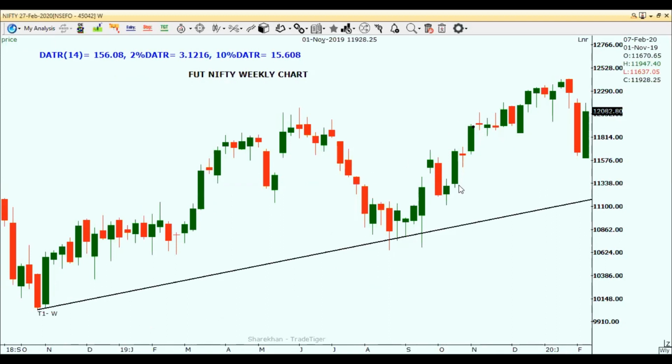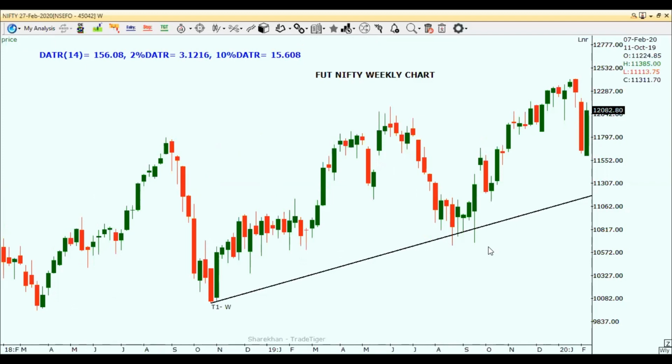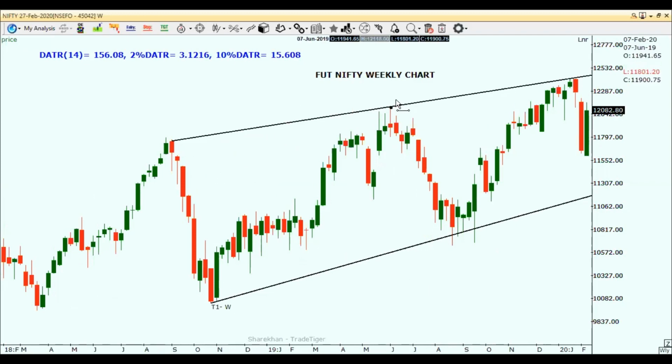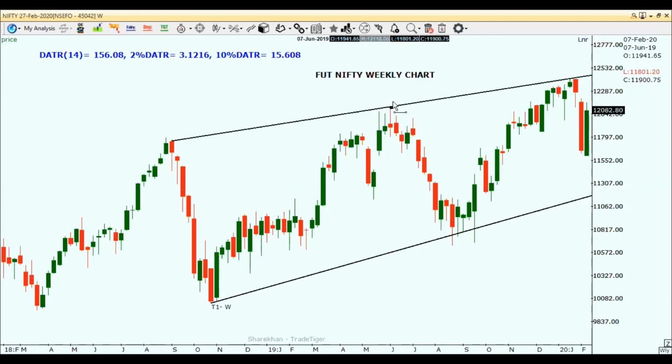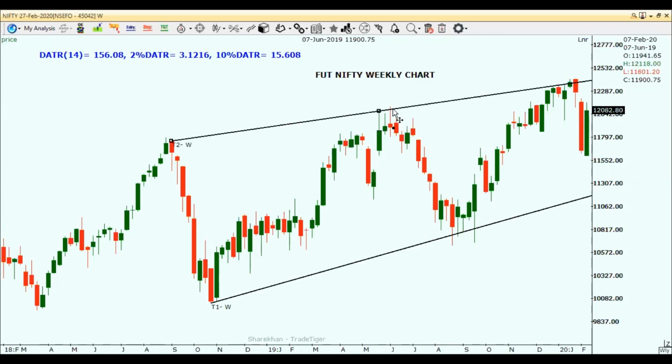We are watching the weekly chart of futures Nifty. In this chart, the trend is still up, and I also connect the line. I'm trying to draw a kind of a parallel line.